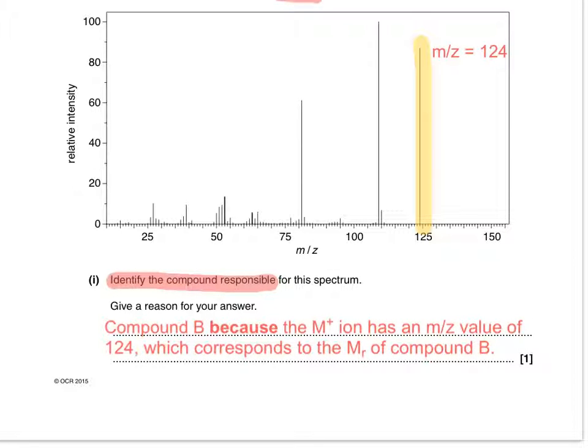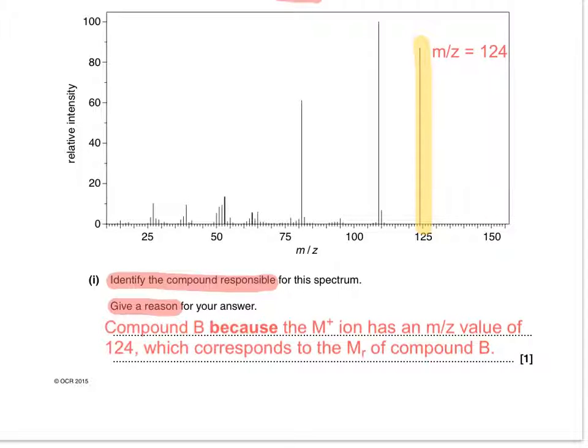So most of the scripts that I marked had something along these lines, making reference to the molecular ion and saying it must correspond to the MR of compound B, being 124. But the important thing is, I don't think anyone actually missed this, but in case you didn't get it, it could have been that you didn't say a reason for your answer.